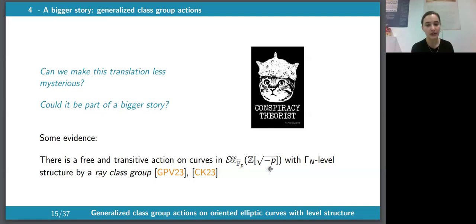For example, going back to the work by Galbraith, Perrin and Voloch, but there's also a similar observation made by Colò and Kohel. There is indeed a free and transitive action on curves primitively oriented by Z adjoin square root of -1, Z adjoin square root of -p, together with a full level structure. And the action is by some notion of class group, that is the ray class group.